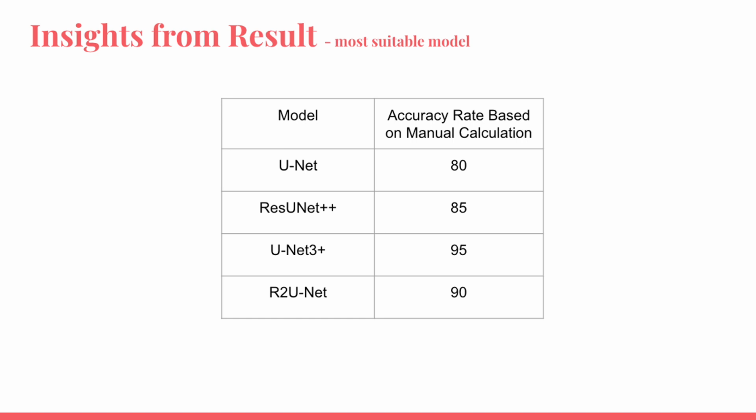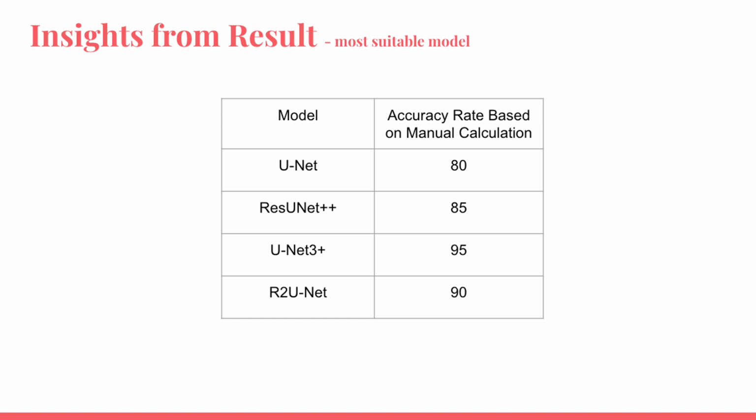We have 4 models, so we rate the models respectively based on the accuracy. So from the result, we can see the model of U-Net 3 Plus is the most consistent.